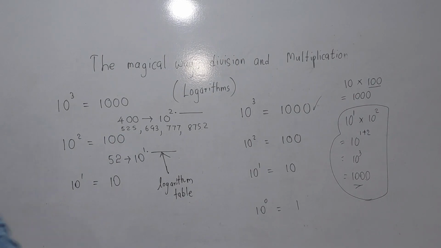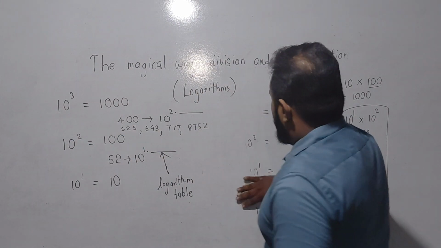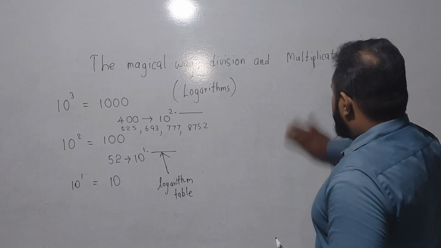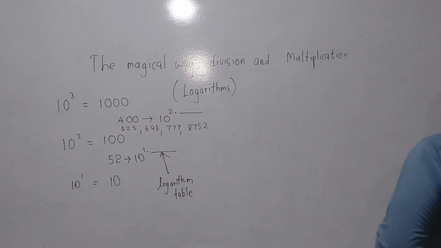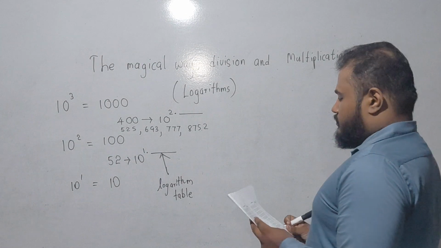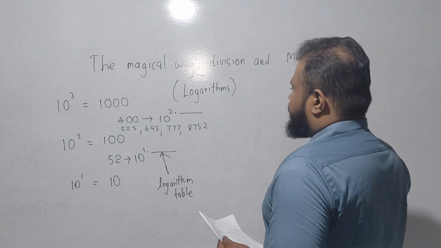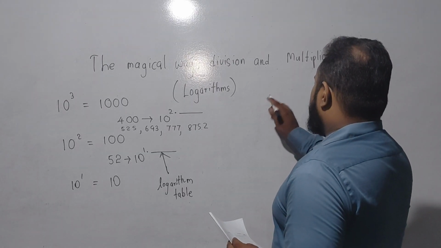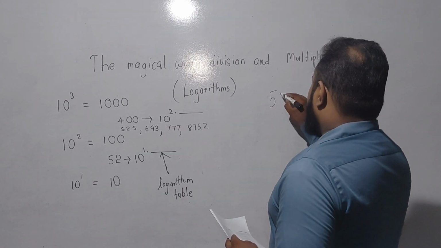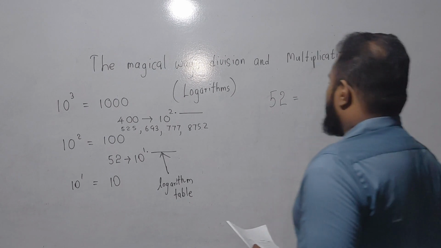In the grade 10, part 2 book, there's a logarithm table in your last 2 pages. So if we need to find the log value of 52, what do we have to do?